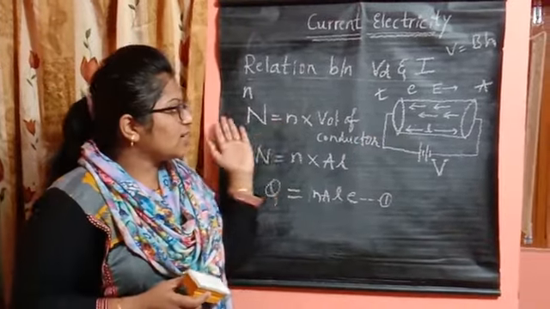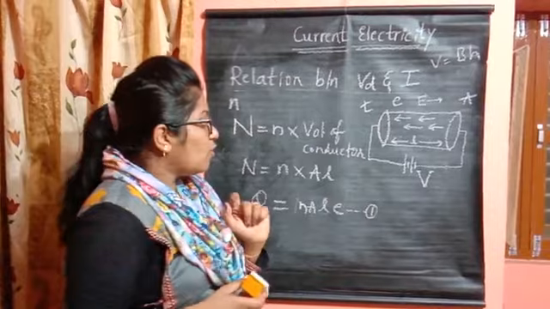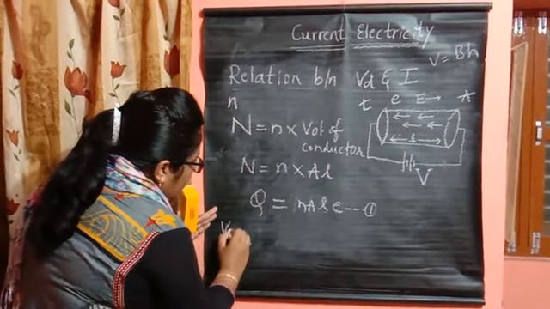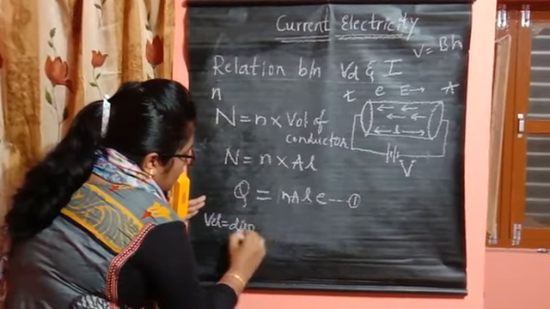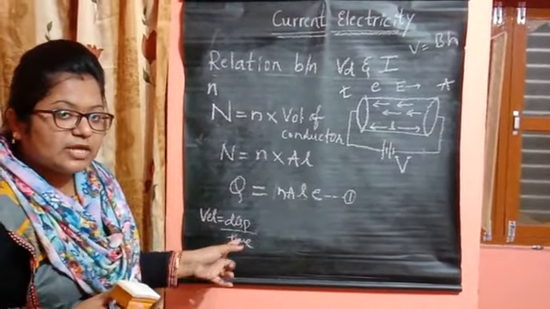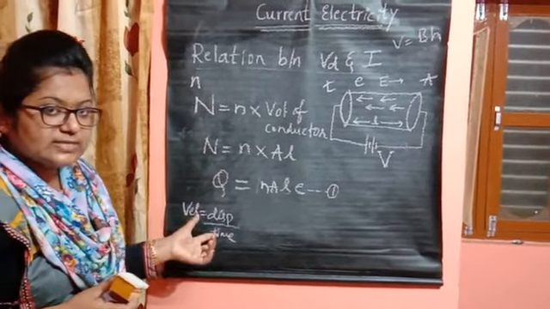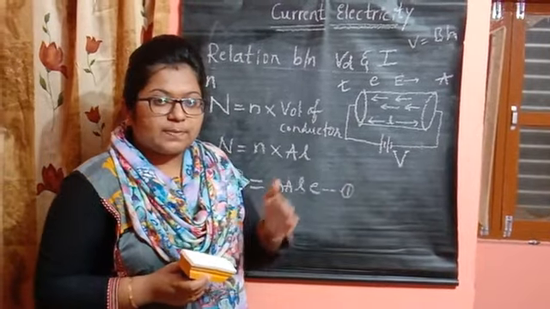We don't have any data with respect to t, but we know the formula for velocity. What is the formula for velocity? Displacement divided by time. Displacement is nothing but the change of position from one place to another.